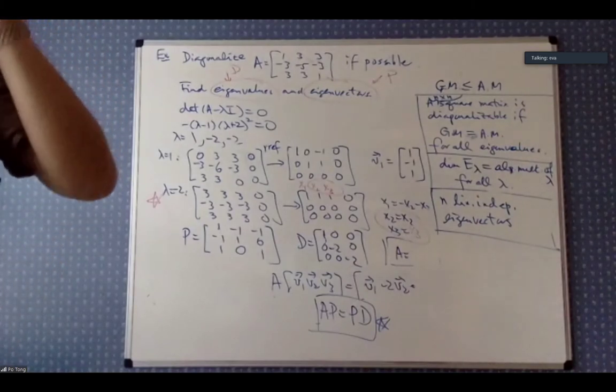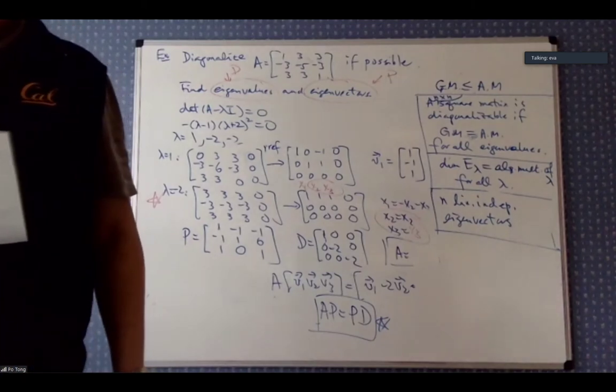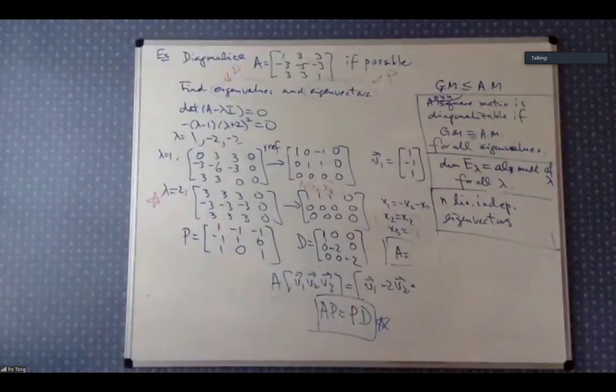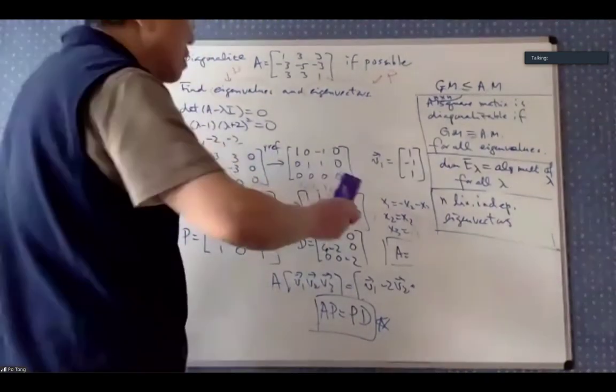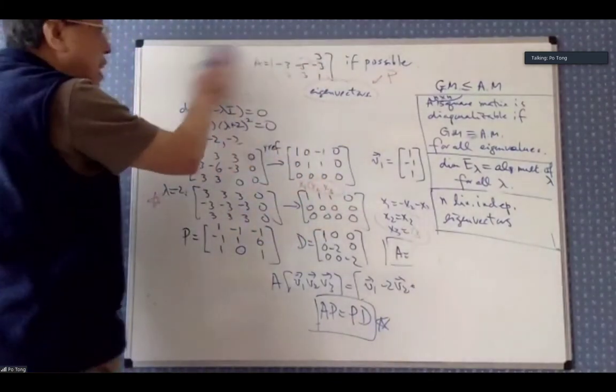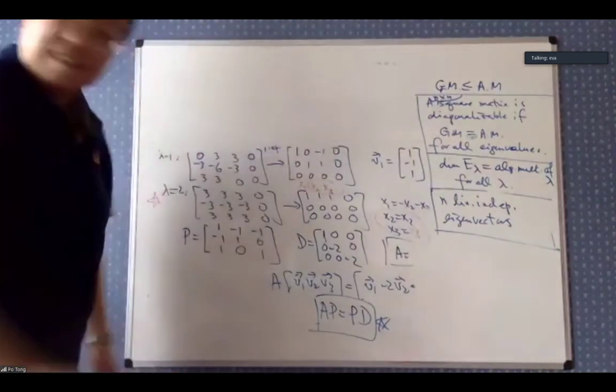Are eigenvectors for a given matrix always linearly independent? For distinct eigenvalues. Okay. Let me write that down. I actually proved that a while ago.